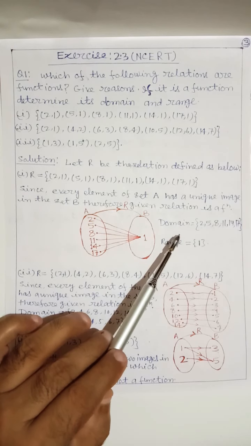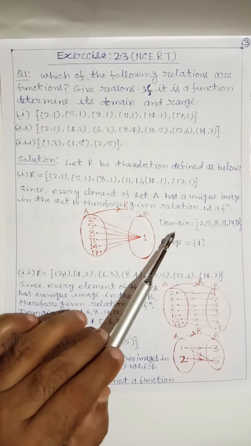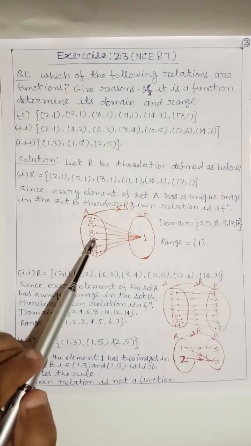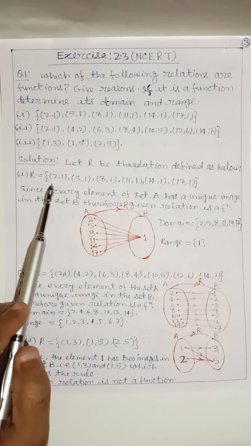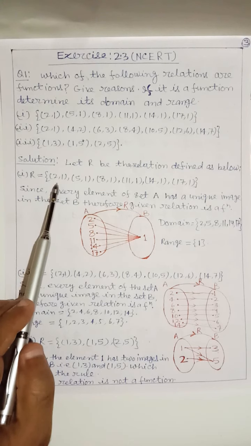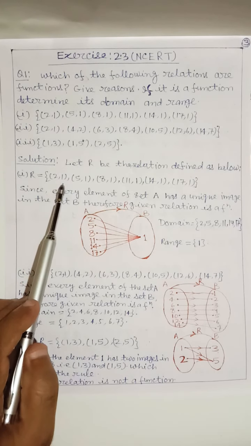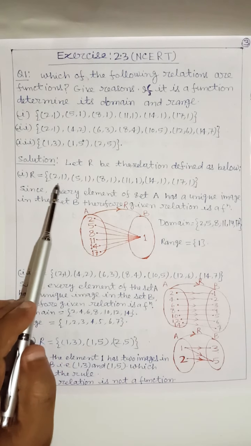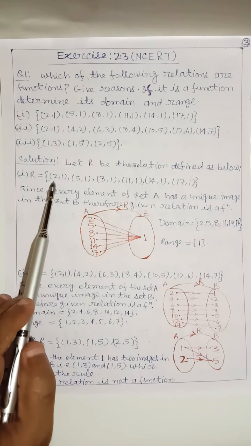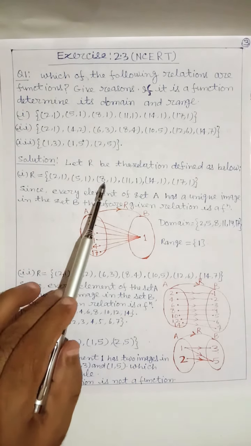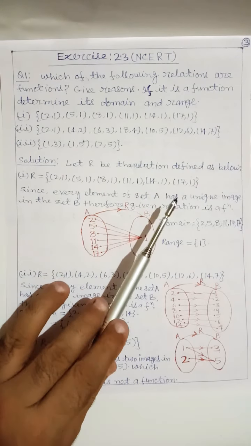Domain: what is the domain? That is the set of first elements of all ordered pairs in the relation. Set of all first elements: 2, 5, 8, 11, 14, 17.